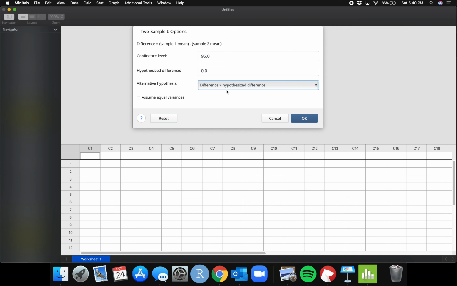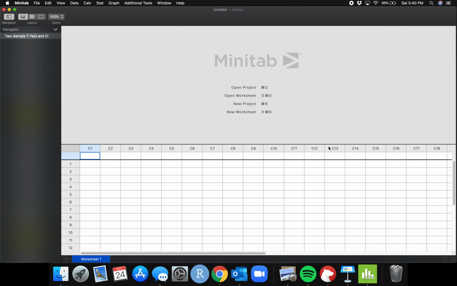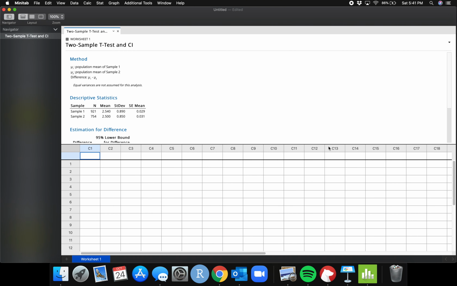Again, we don't click the Assume Equal Variances button because we can't assume equal variances. So we click OK, and then we get the output.